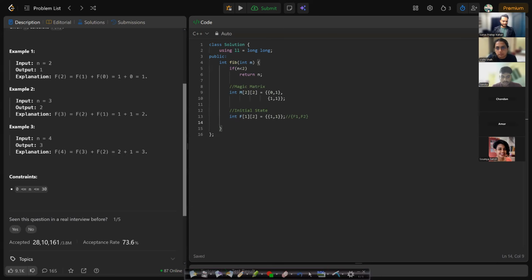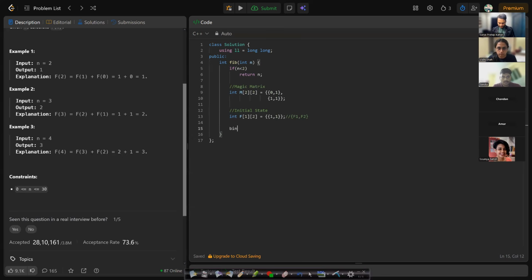What do you think? I have to calculate f times m to the power of n minus 1. So let's calculate m to the power of n minus 1 and then multiply with f. Matrix multiply. So I have to write 2 codes: one code for matrix multiply, one code for binary exponentiation. So let's write it.